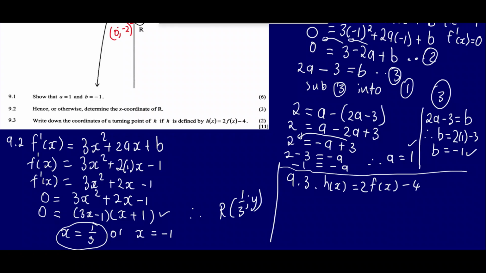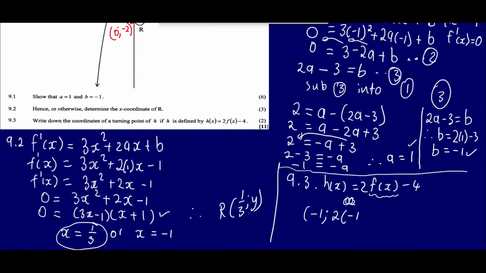You literally go to the y value of the turning point, and then you just substitute the y coordinate here as f of x. So for example, because we have got one of the coordinates as -1, so here we'll have what?